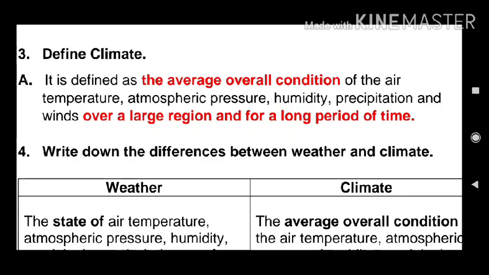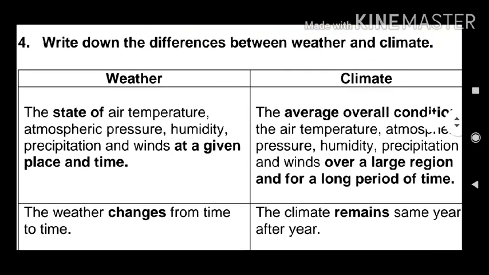Here the main point is large region and a long period of time. So climate is nothing but the overall condition of those elements of atmosphere over a large region and for a long period of time.